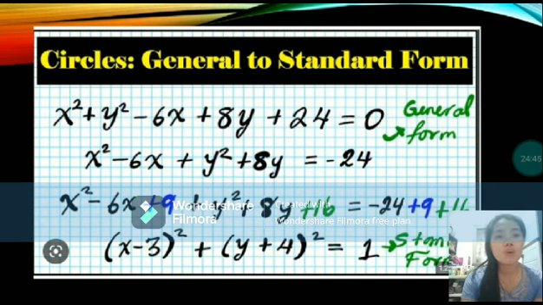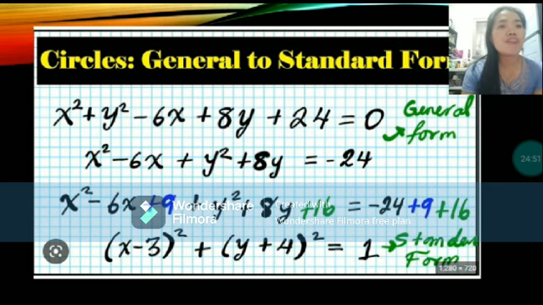Then 4 squared, that is 16. So whatever you added to the left side of the equation, that's the same number that you're going to add on the right side. So you have x squared minus 6x plus 9 plus y squared plus 8y plus 16 is equal to negative 24 plus 9 plus 16. You also have to add that to the other side.